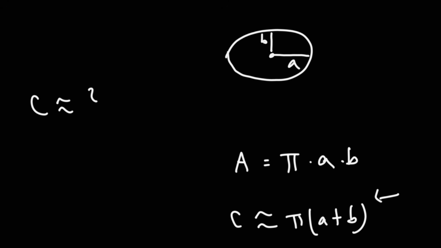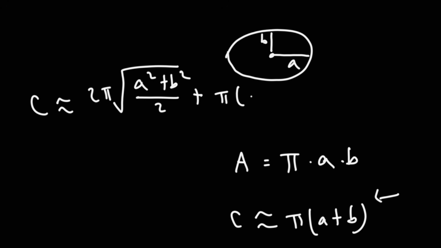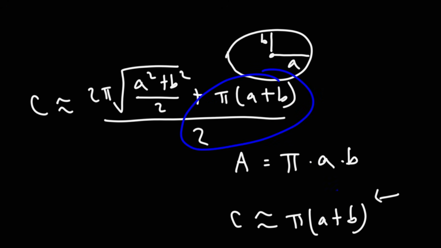This one is longer, but it'll give you a more accurate result. It's 2 pi square root of a squared plus b squared over 2, plus pi ab over 2. So this equation basically averages this form, which is what we have here, and the root mean square form.